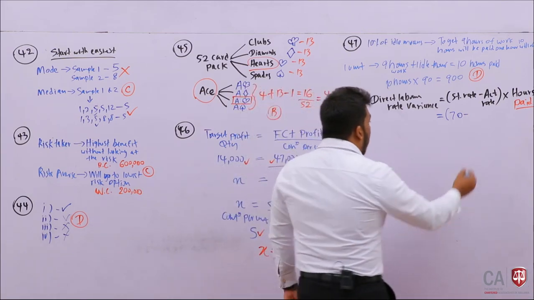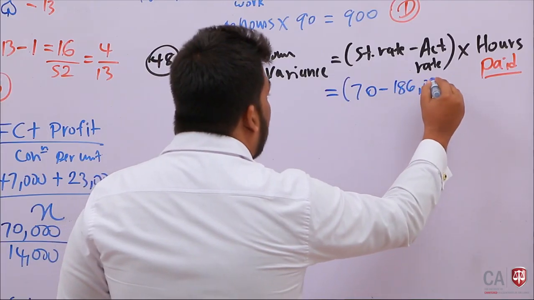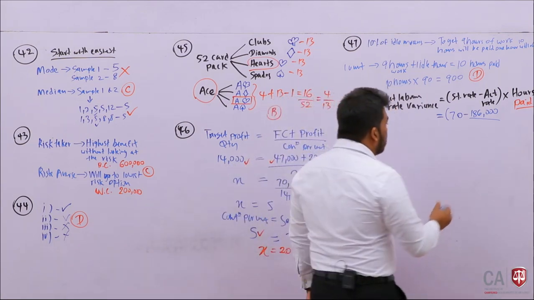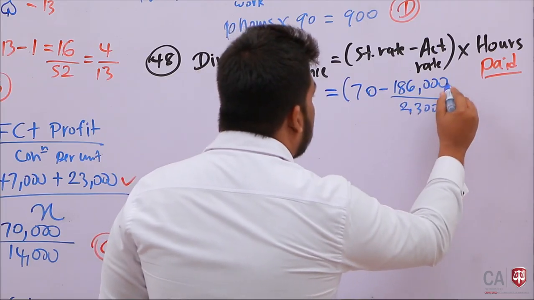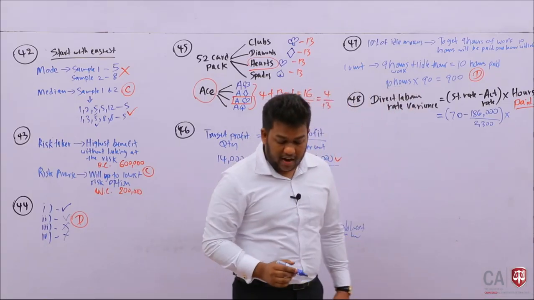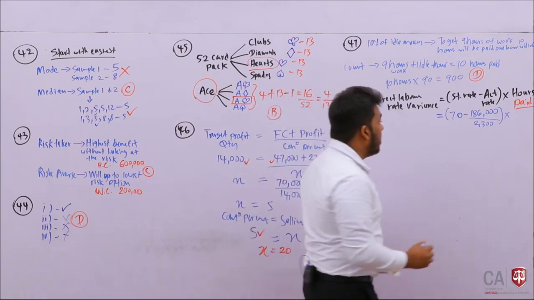So 186,000 divided by hours paid, 2,300.